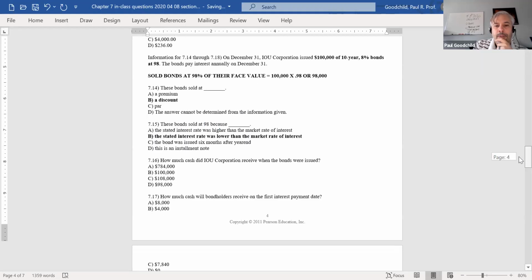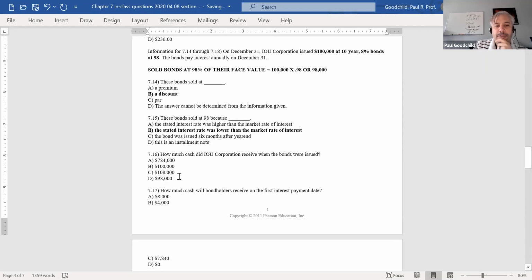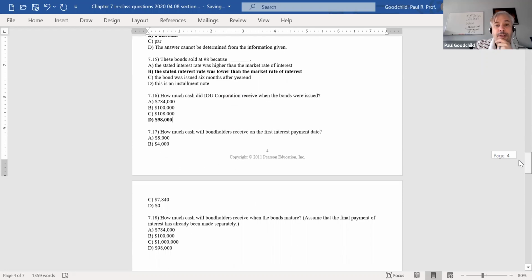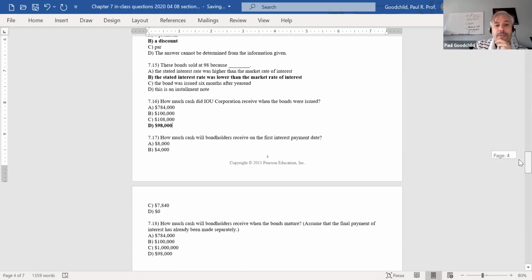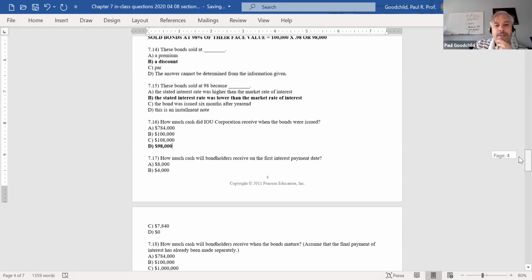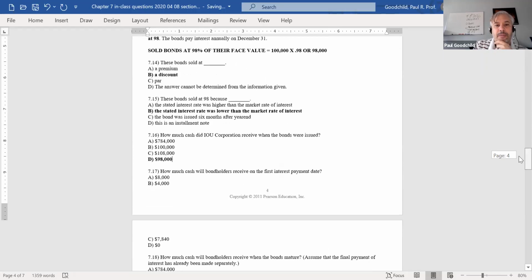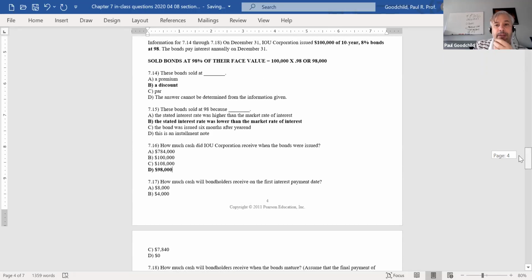All right. How much cash did the company receive when the bonds were issued? 98,000. How much cash will the bondholders receive on their first payment date? So remember, your payment is still going to be based off of your face value.